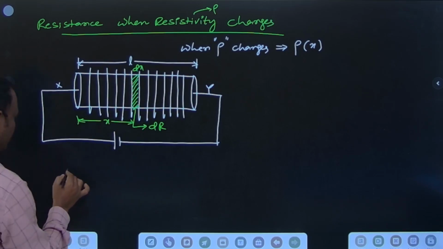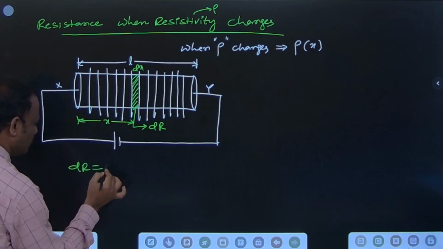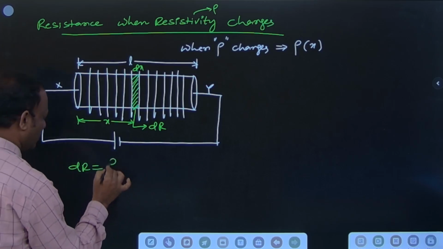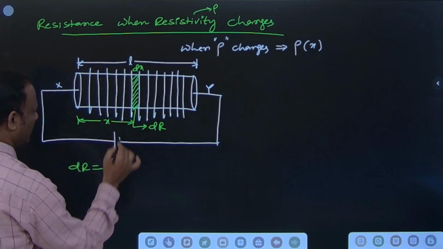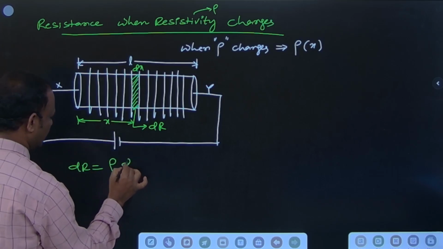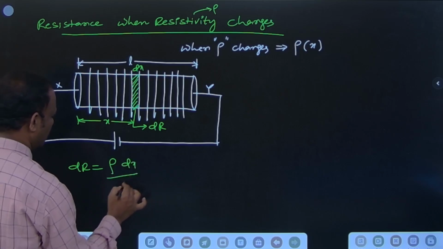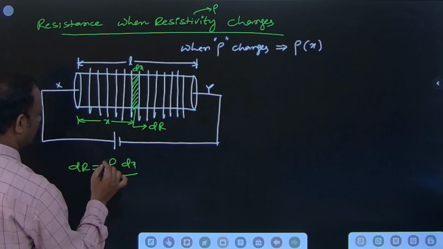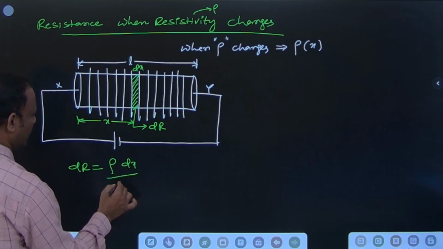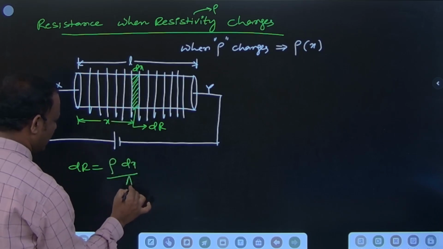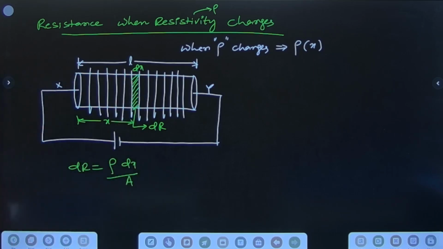Now, resistance dR is equal to rho into L by A. L here is dx. So dR is rho into dx by A, and the cross sectional area A is not changing.